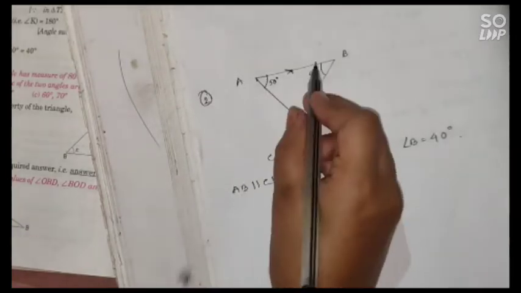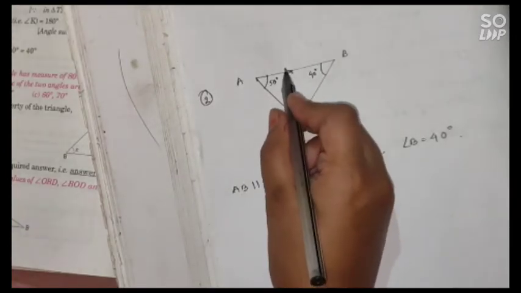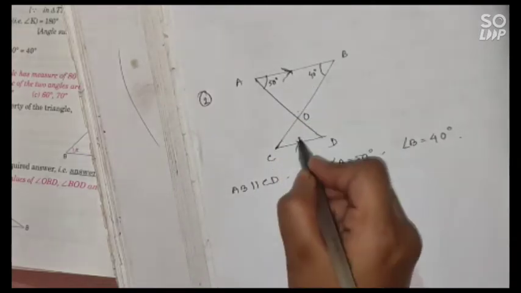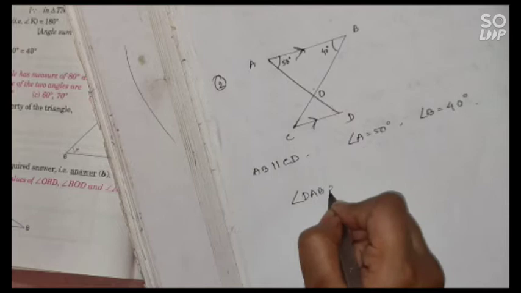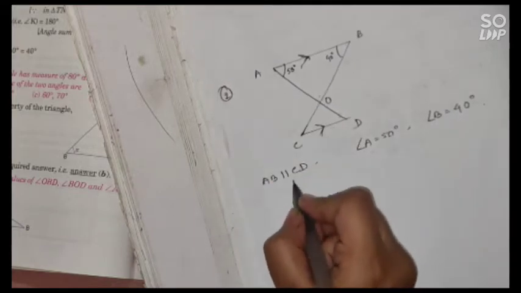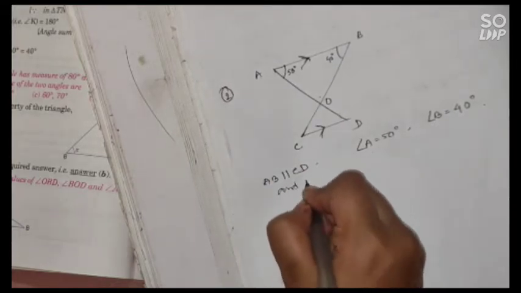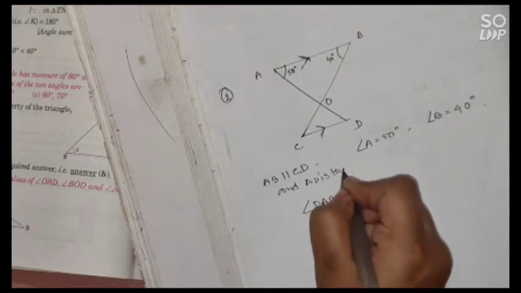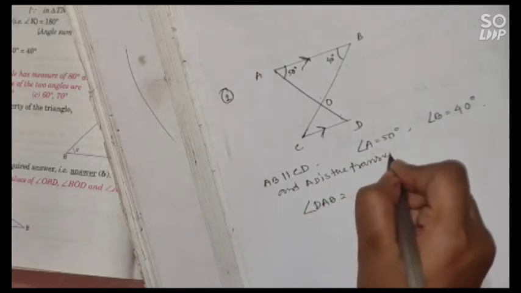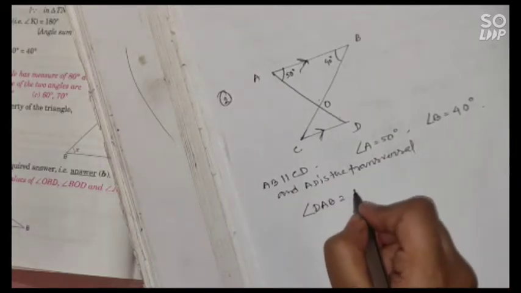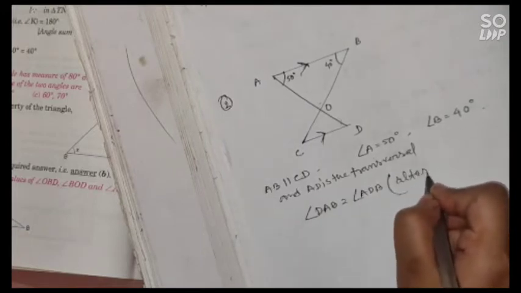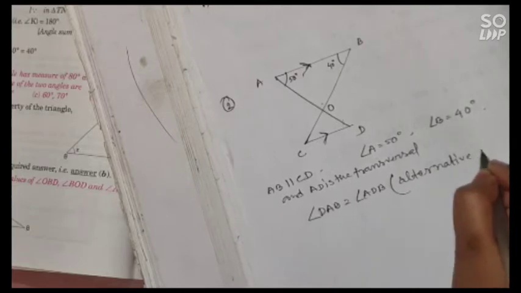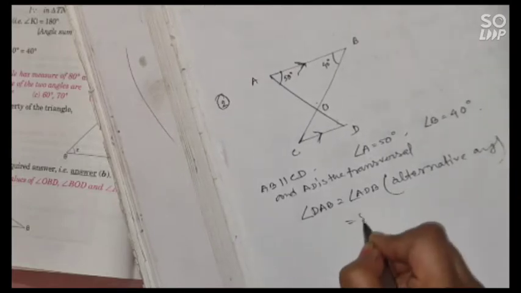Since in this figure it is given that AB is parallel to CD and AD is the transversal, angle DAB equals angle ADB, alternate angles. This equals 50 degrees.